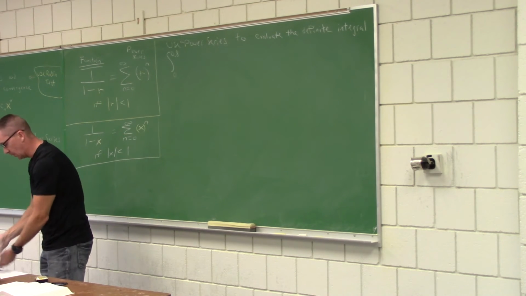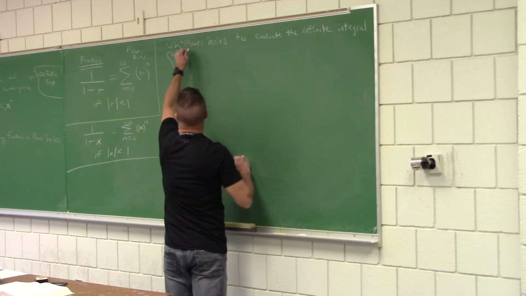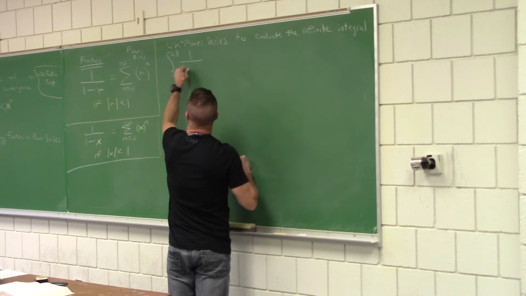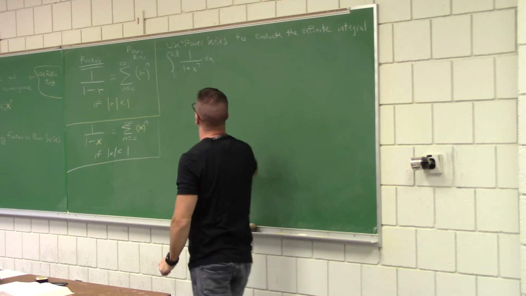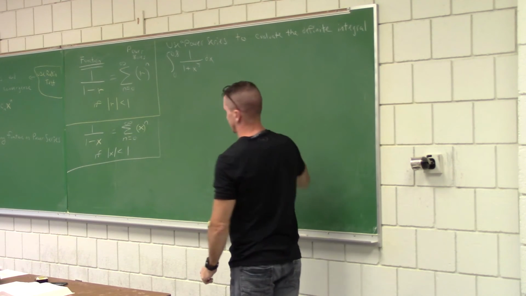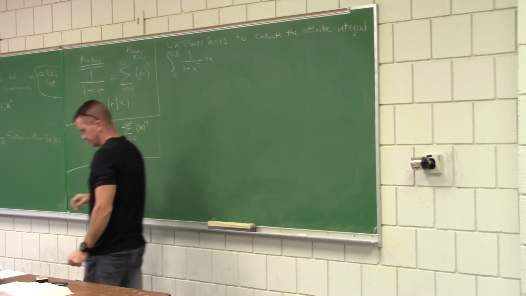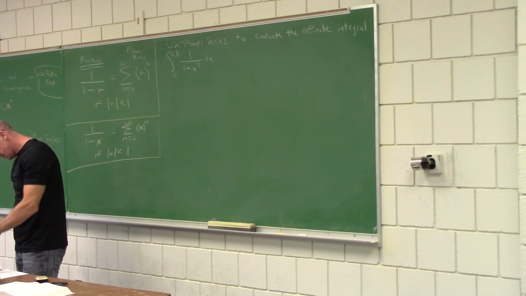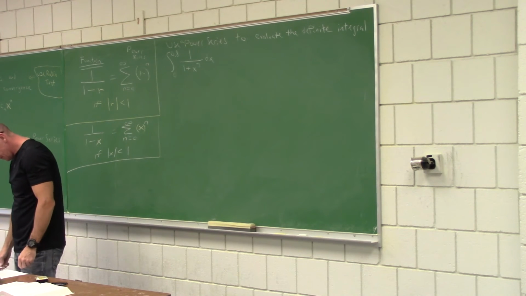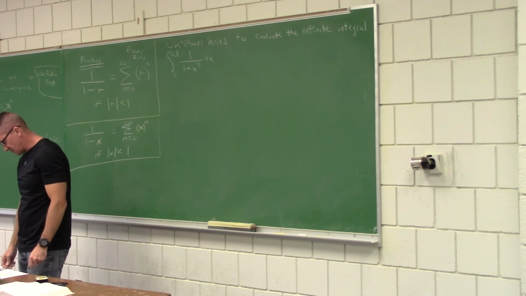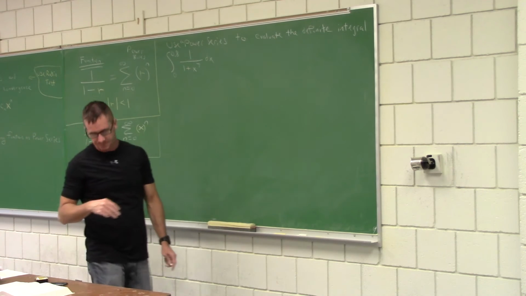The integrand is 1 over 1 plus x to the 7th. Let's get accuracy to 3 decimal places.